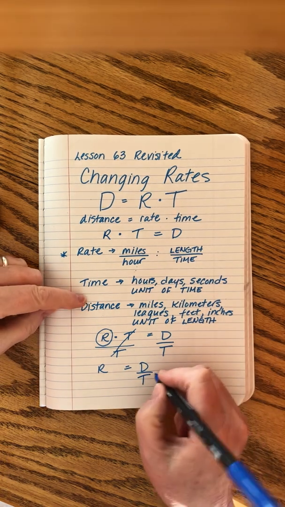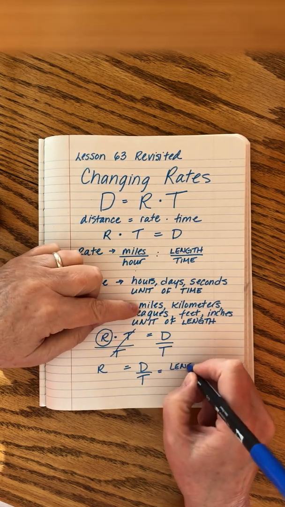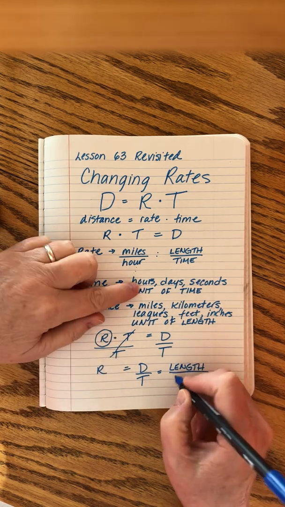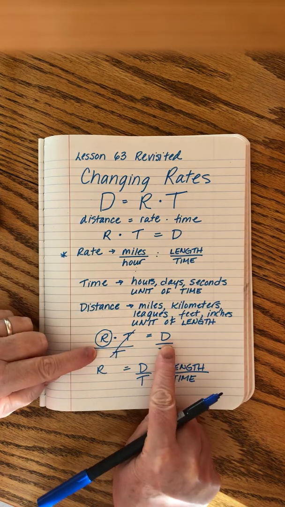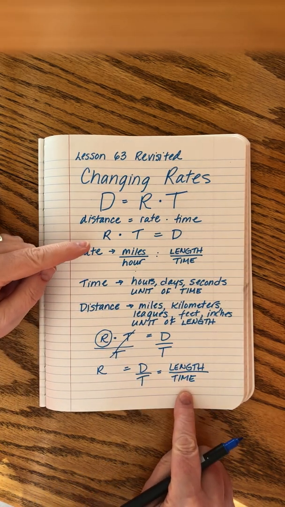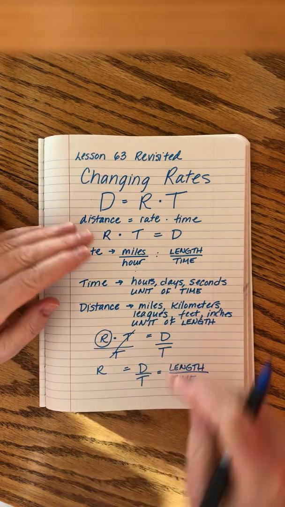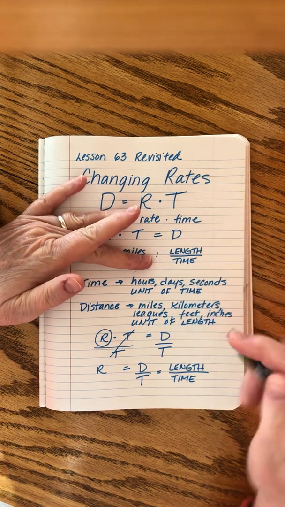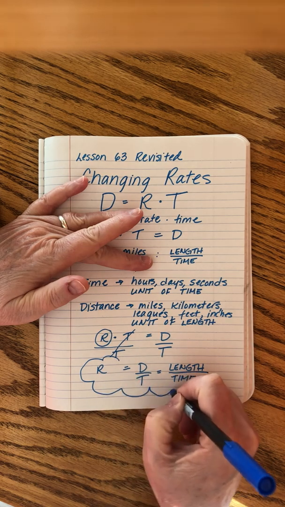Okay, and we say that distance is always a unit of length, and time is a unit of time. Okay, that's really easy. So look, by rearranging the formula, we can create a rate. This is important because it means that even if we're not told the rate, but we're given the distance and the time, we can find the rate.